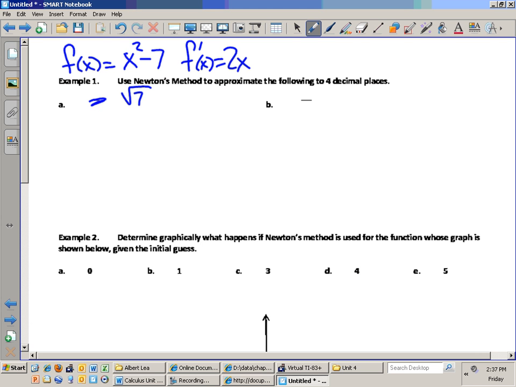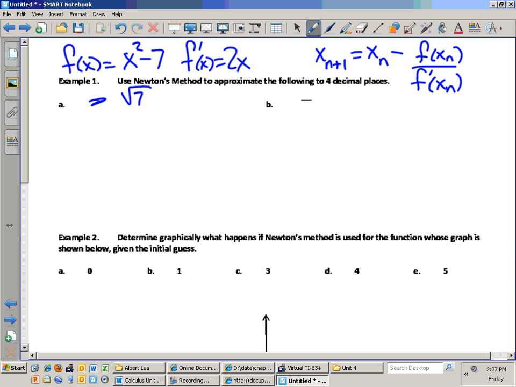Newton's method says that x sub n plus 1 is equal to x sub n minus f of x sub n over f prime of x sub n. So I need the function, I need the derivative.